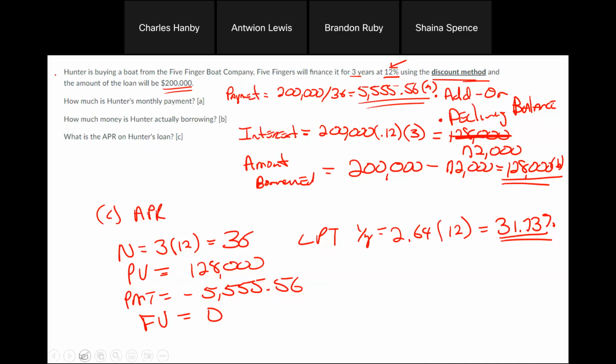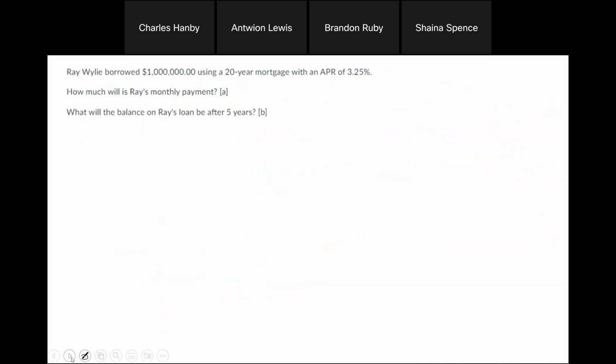All right. So next problem. I'll read the question. Ray Wiley borrowed $1 million using a 20-year mortgage with APR of 3.25%. How much is Ray's monthly payment?